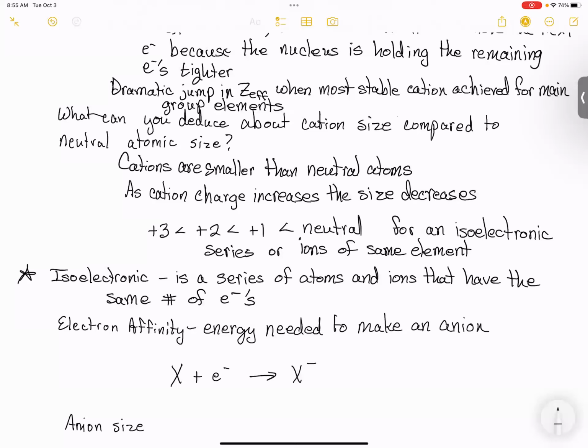Okay, so we talked about what it takes to make a cation. That is the ionization energy. So I just want to take a moment to sum up what we know so far for today. Atomic size decreases across a period due to increased Z effective. Atomic size increases down a group due to increased shielding, which comes from adding on more and more shells.